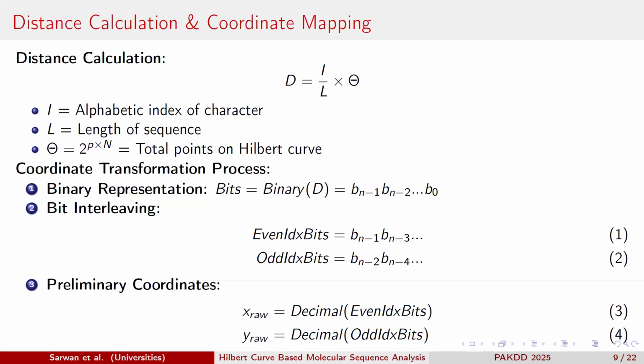Then we perform bit interleaving, separating even and odd indexed bits. Even bits become our raw x coordinate, odd bits become our raw y coordinate. This mathematical transformation ensures that our sequence elements are distributed across the 2D space in a meaningful way that preserves the original sequence structure.